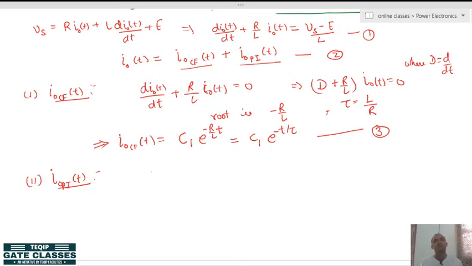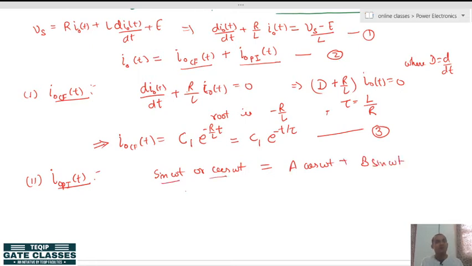So there are some already predefined solutions, like for algebraic equations, let me write it here. If you have a function or a source as sin omega t or cos omega t, in that case the solution is assumed to be a cos omega t plus b sin omega t, if the input is like this.